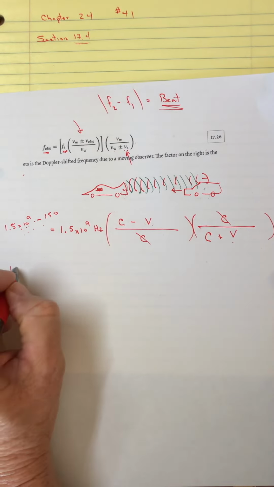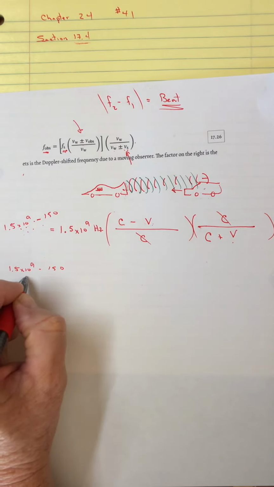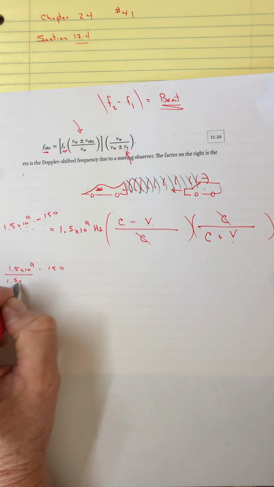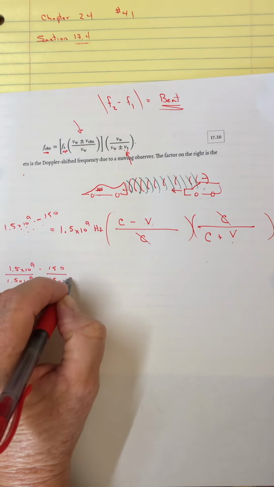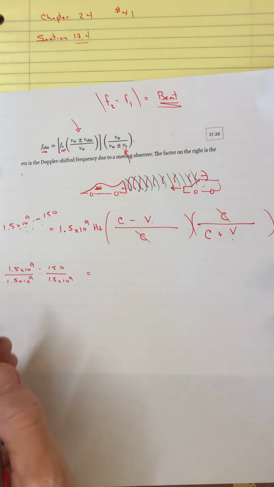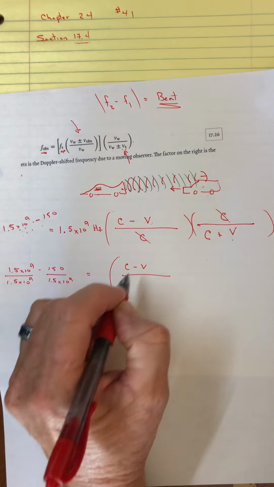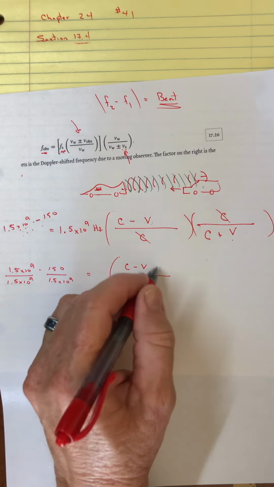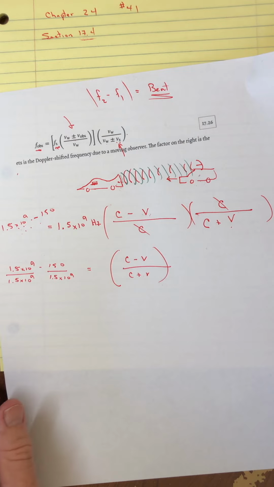And so they got 1.5 times 10 to the 9th minus 150, and each of these are over 1.5 times 10 to the 9th. And then, of course, this side simplifies to C minus V and C plus V. And if you do that, things get a little bit simpler here.